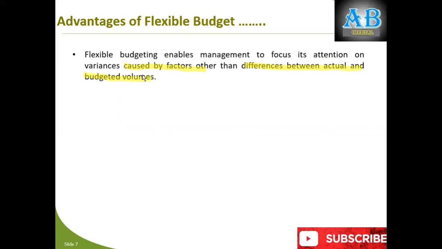So one variance is due to the volume, but for other factors you can compare by having variance analysis, comparing your actual activity flexible budget result with your actual results. So this is also called flexible budget variances or total variances. So you can dig down from there what are the major reasons behind the variances.